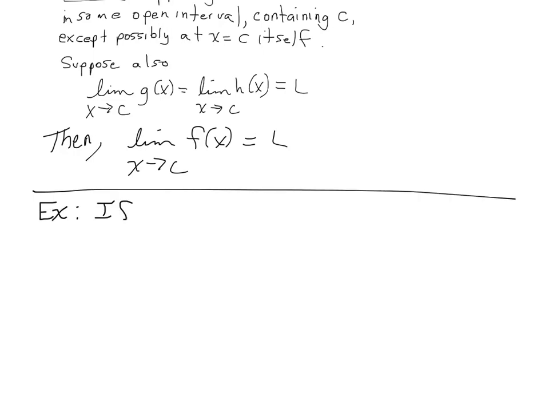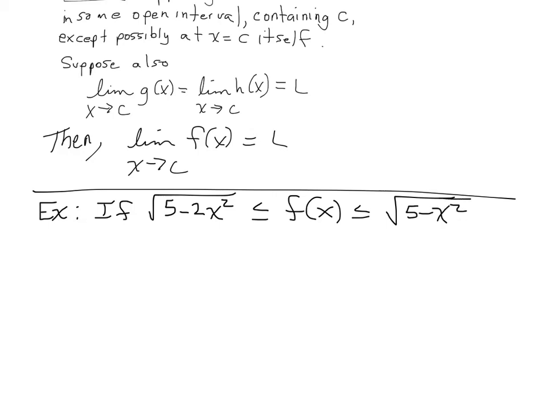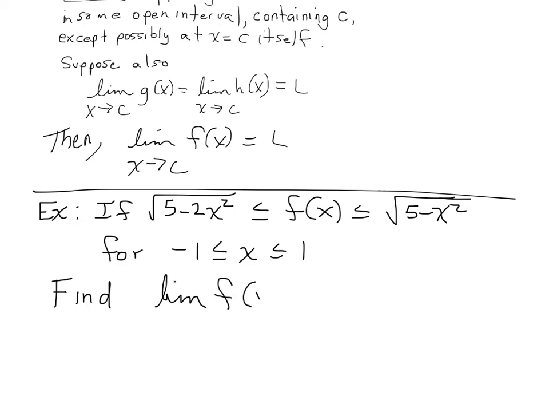If the square root of 5 minus 2x squared is less than or equal to f of x, which is less than or equal to the square root of 5 minus x squared, all that's under the square root, and I'm looking on a particular interval from -1 to 1, and I close this interval, and the reason why is because they're square roots. I want to find what the limit of f of x is as x approaches 0.